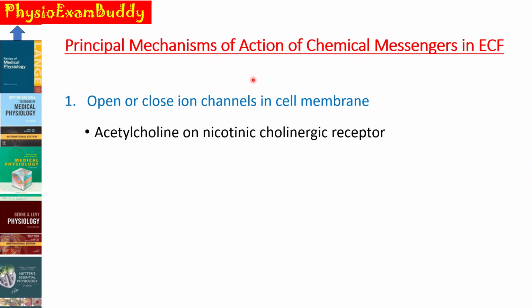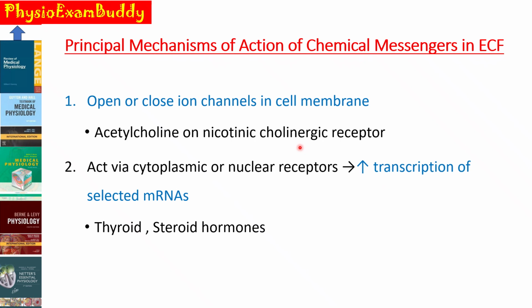Next is about the principal mechanisms of action of the chemical messengers in the extracellular fluid. These chemical messengers make their action in the cells either by causing opening or closing of the ion channels in the cell membrane. The classical example of a chemical messenger which opens or closes ion channels in the cell membrane and makes the physiological effects is acetylcholine, acting on the nicotinic cholinergic receptor.